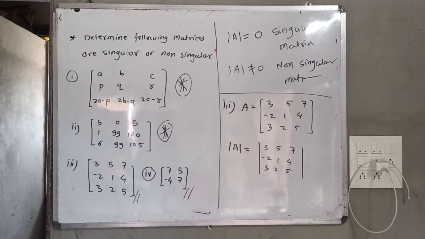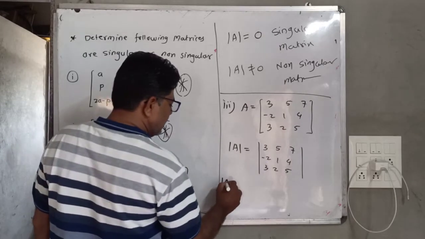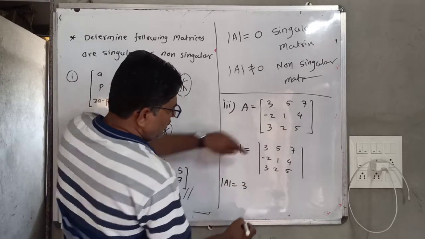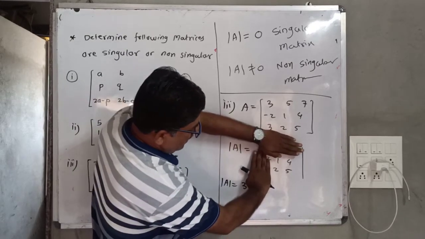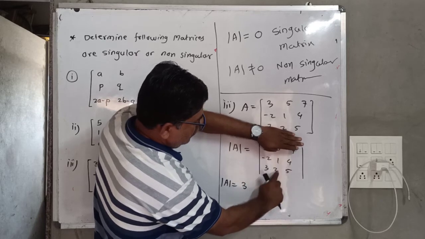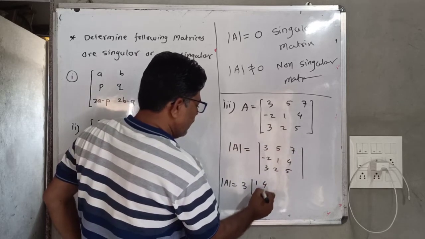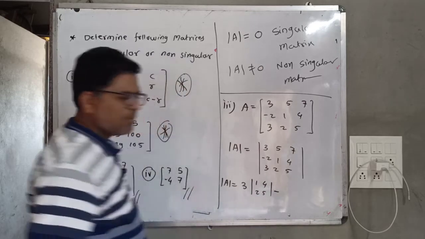How can you solve the determinant? Take the number 3, delete its row and column, first row, first column. That gives 1, 4, 2, 5. The minus sign is compulsory.